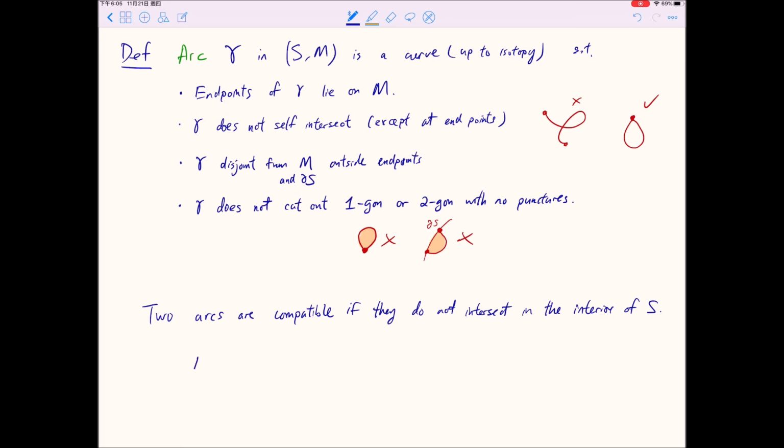And we will denote by A0 the set of all arcs, again up to isotopy. So then naturally the definition of triangulation will be a maximal collection of pairwise compatible arcs, so that each arc does not intersect with the other. So we call this the ideal triangulation.